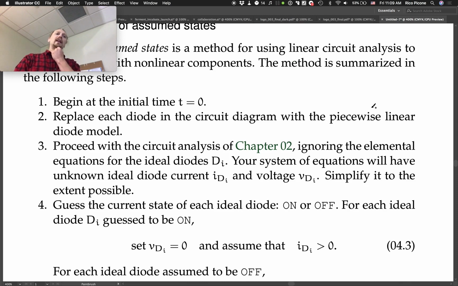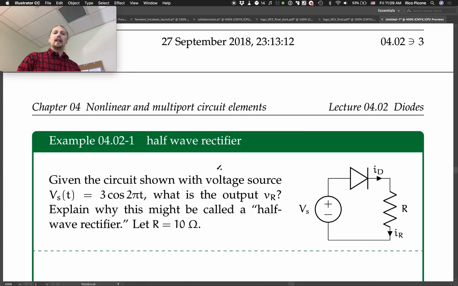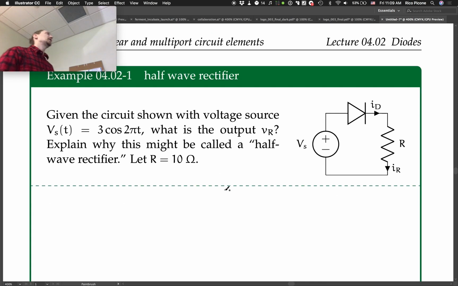If we begin at the initial time t0, time equals 0, let's just try to reason our way through for a moment. A cosine wave starts off at time equals 0 at 1, right? So cosine of 0 is 1, so 1 times 3 is 3, so 3 volts is applied.